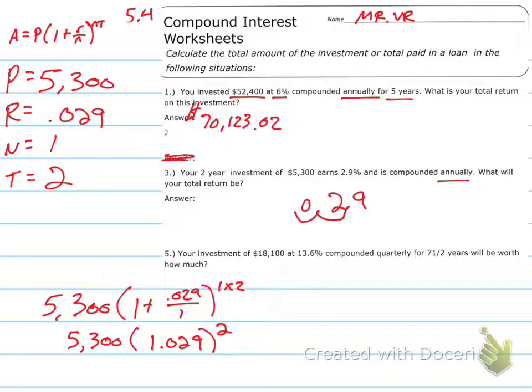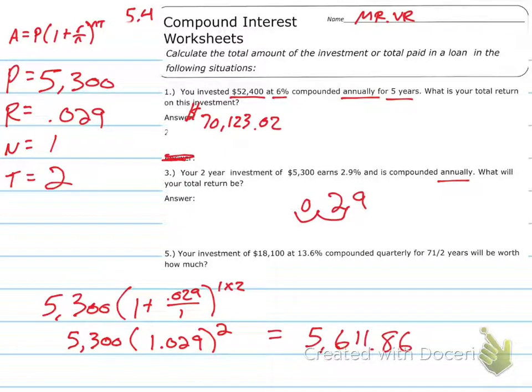So 1.029 squared is going to give you a decimal of 1.058841. So then you're going to take that and multiply that by 5,300. So that's going to give you $5,611 and then 86 cents.